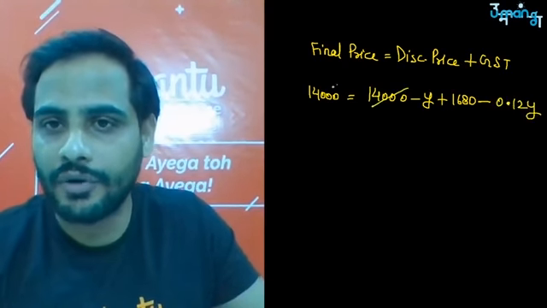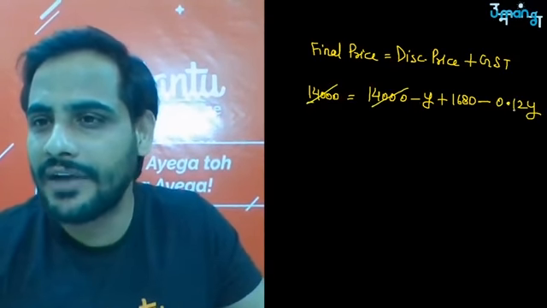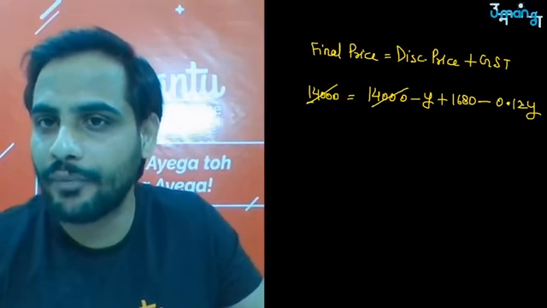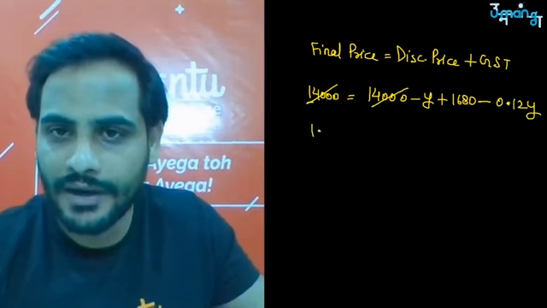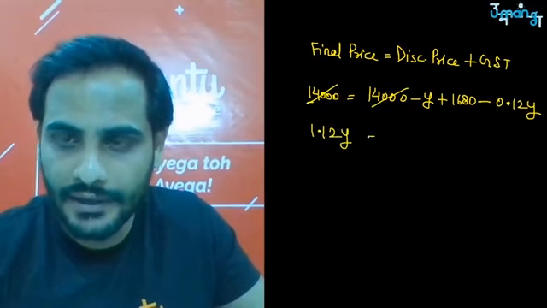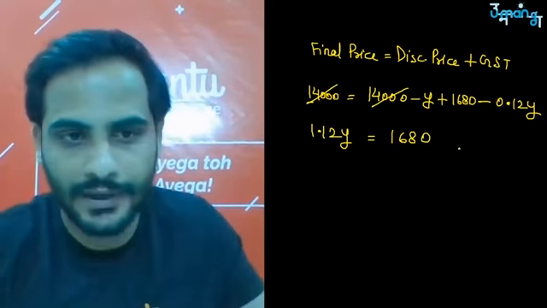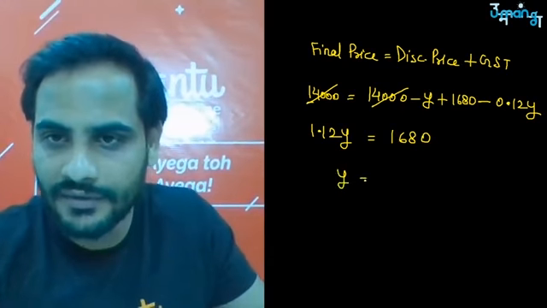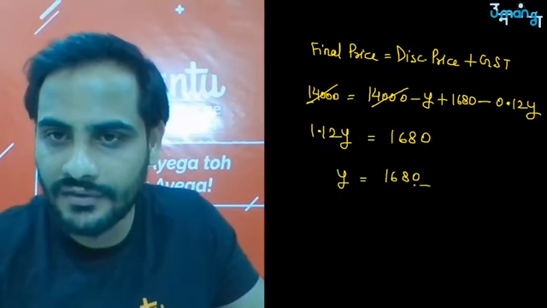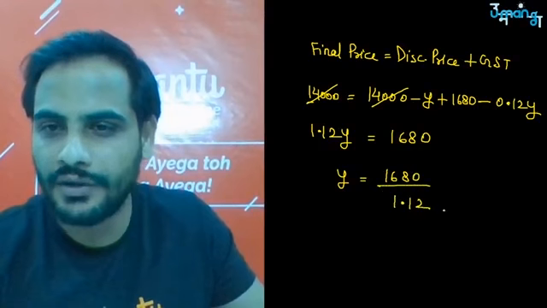So 14,000 got cancelled. Minus y minus 0.12y will become 1.12y. Shift it there. So you'll be getting 1.12y is equal to 1680, so y is equal to 1680 upon 1.12.